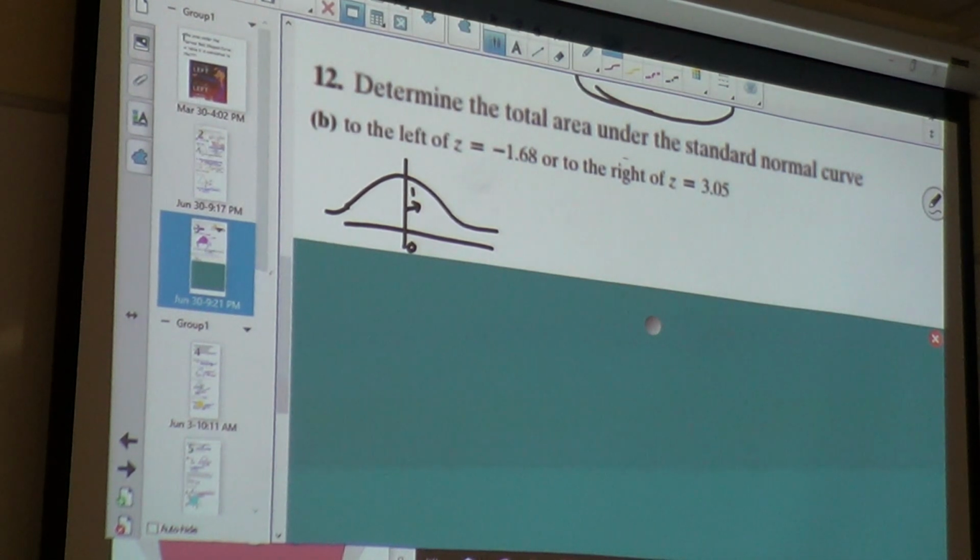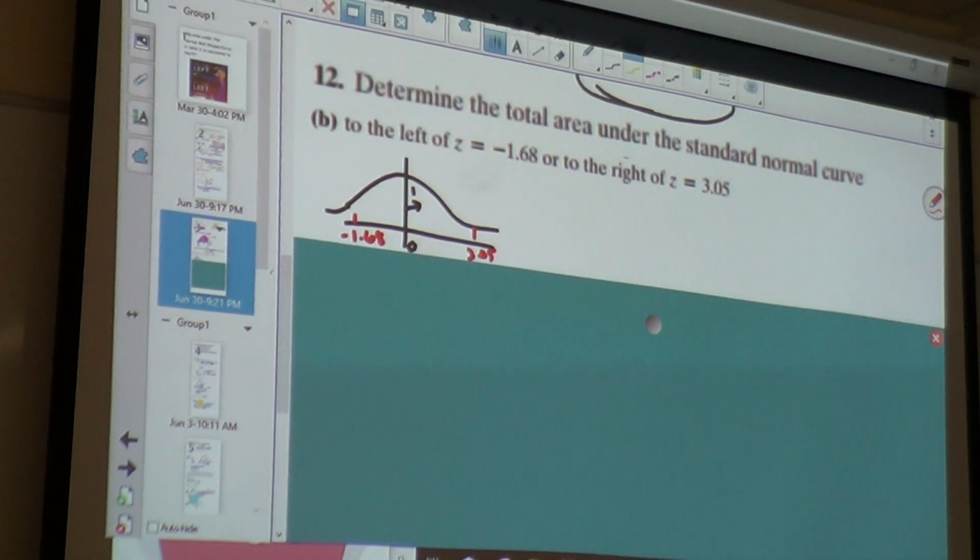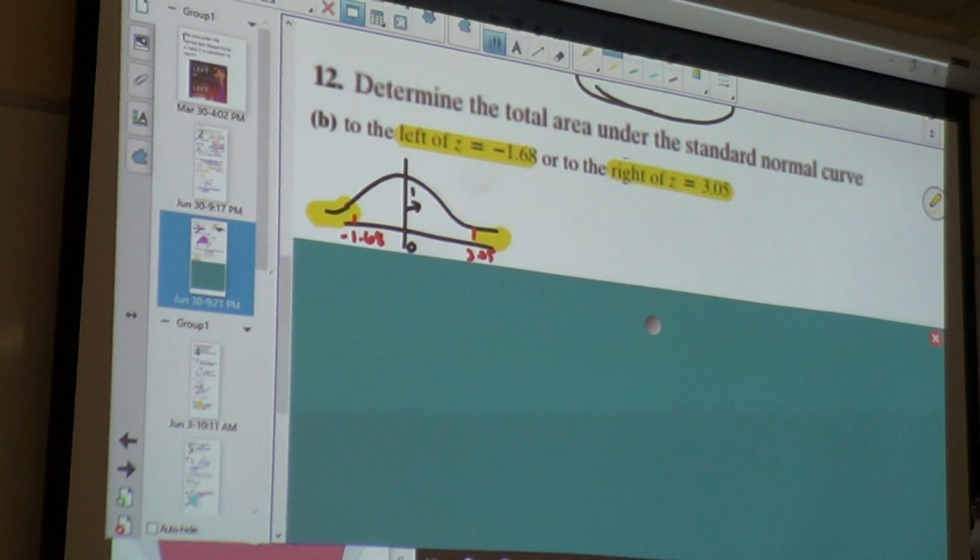My first z-score is negative, so I am going to put it on the left. My second z-score is positive, so I am going to put it on the right. Now, the first one says that we are going to go to the left of the negative one, which means we're shading that way. Then we're going to go to the right of the positive one, which means we're shading the two tails. We good?